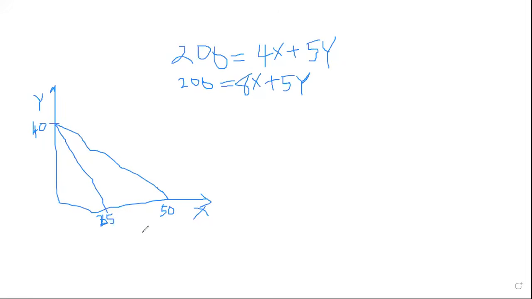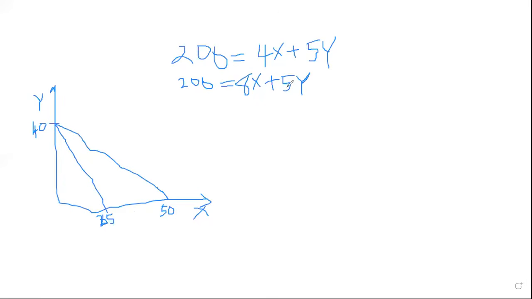So you see what has happened to the budget line with the price of X doubling. It has rotated inward along the commodity whose price is changing.